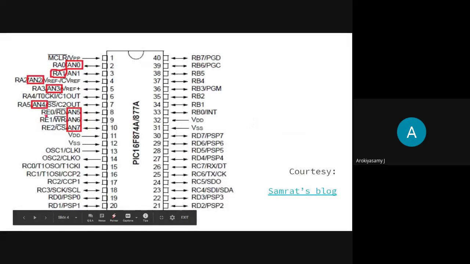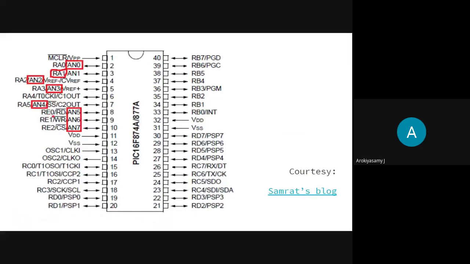Here you see RE0, port E 0th bit, RE1, port E first bit, RE2, port E second bit. These 3 lines form port E. And it is also shared with these red marked pins: AN5, AN6, AN7, analog to digital converter 5, 6, 7.